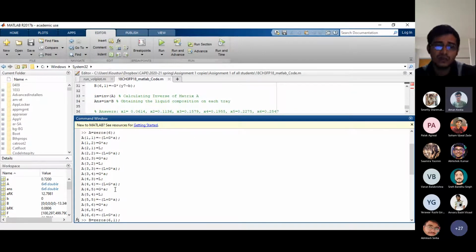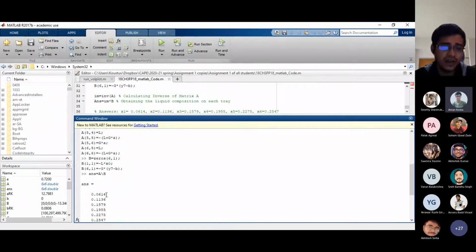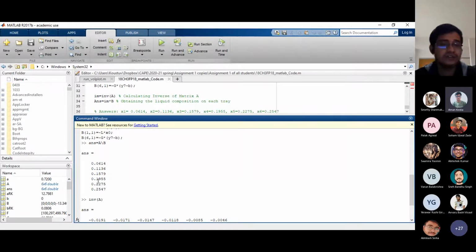You can also make use of a loop, but in that case you have to ensure that at the tower entry and tower exit you have different coefficient values, and in other cases it is the same. So just go through these lines, and you will easily be able to get the concentrations across each tray.